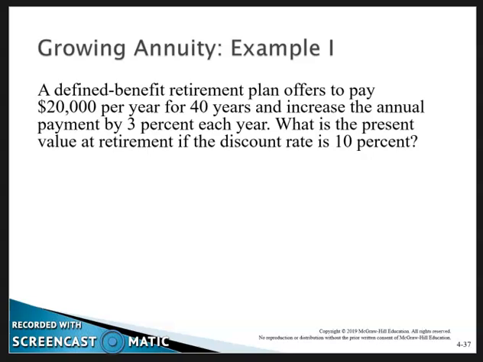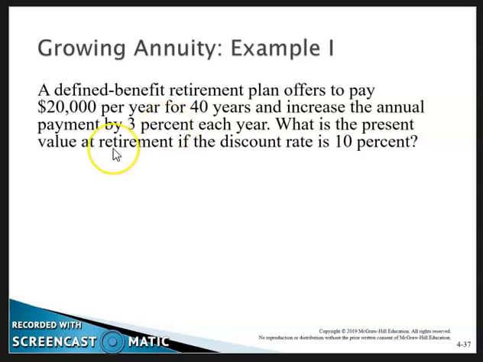So, growing annuity example. A $20,000 defined benefit retirement plan offers to pay you $20,000 a year for 40 years, with a 3% annual increase in payment each year.